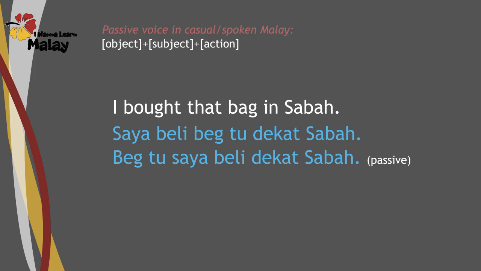So this format clearly has the object in front, and a lot of times you'll hear conversations using an object in front and the subject in between sentences. So that is actually a passive form of a sentence in Malay.